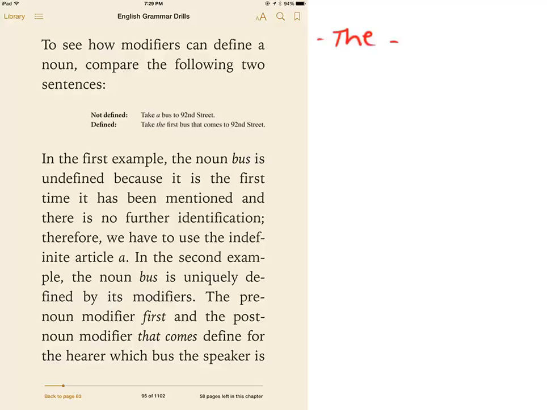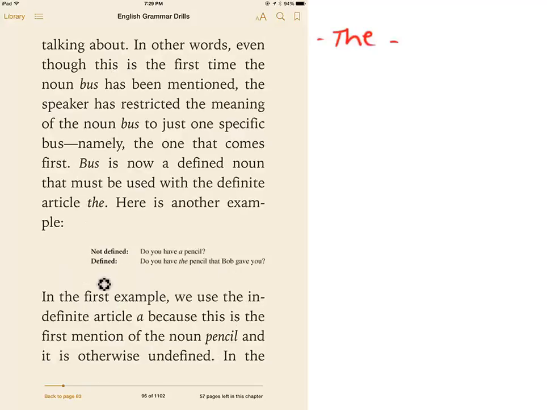Okay, and so let's take another look. Here's another example. Do you have a pencil? Well, I want to know if you have a pencil, any pencil, just a pencil. However, if I use the word the in here: do you have the pencil that Bob gave you? The pencil.